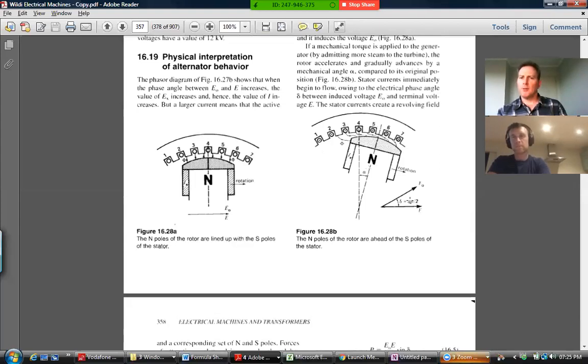But there's a relationship that bears in mind the number of poles or pole pairs, which then relates this angle alpha, the mechanical angle, to another one called delta, which is the torque angle.